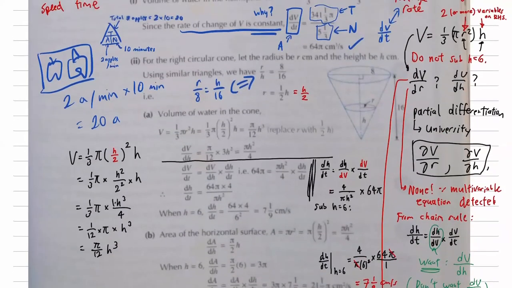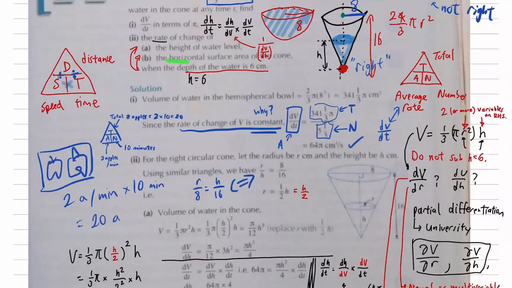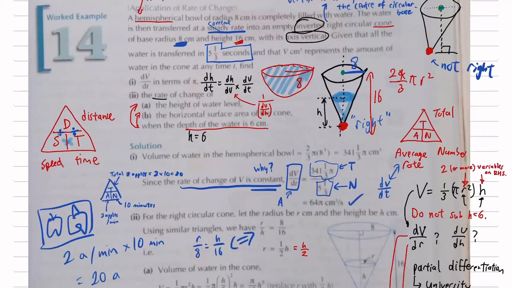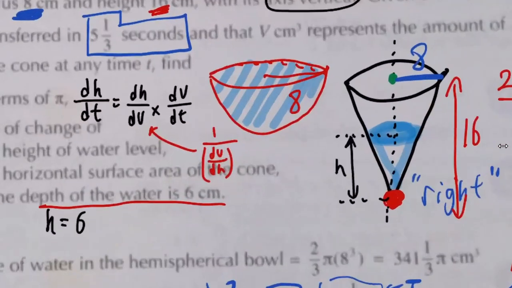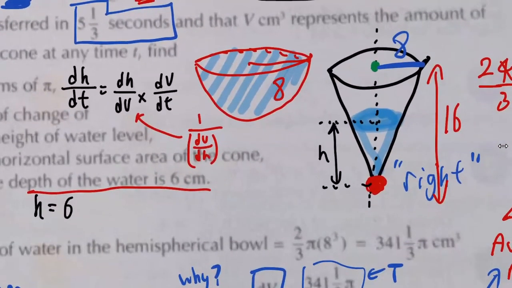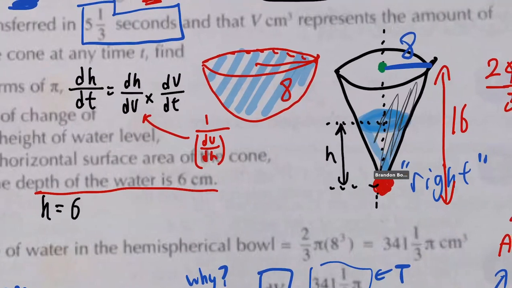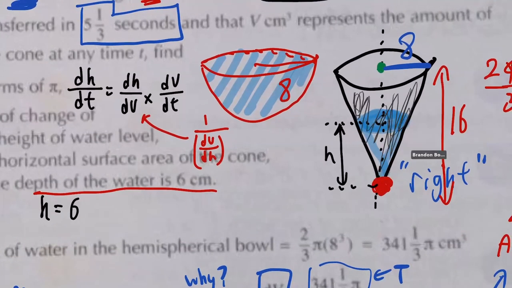Let's move on to part B. Find the rate of change of the horizontal surface area of the cone. So what is horizontal surface area? Can you shade in for me on this diagram where the horizontal surface area of the cone is? No, wrong, that one is the curved surface area.